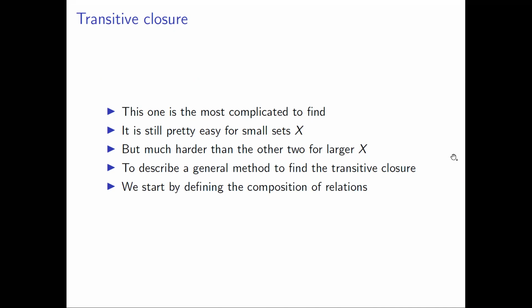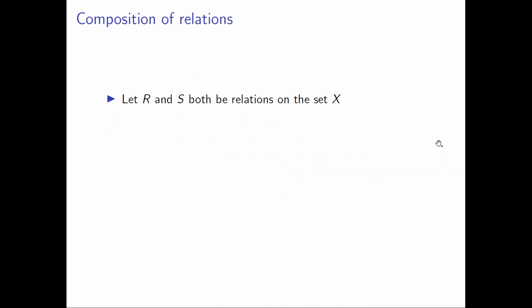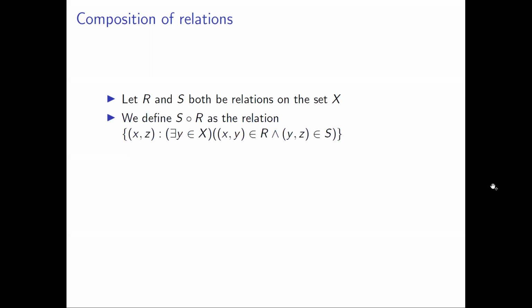The first term we'll look at is composition. Suppose that we have two relations on the same set, big X. We'll call them R and S. We're going to define the composition of these relations.